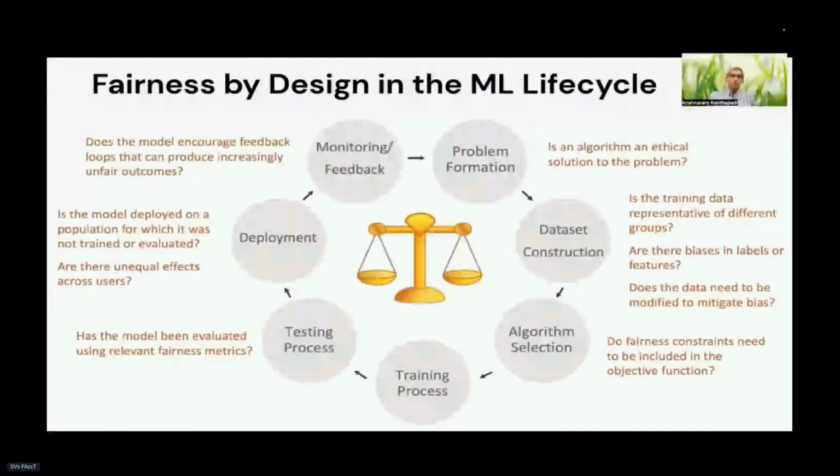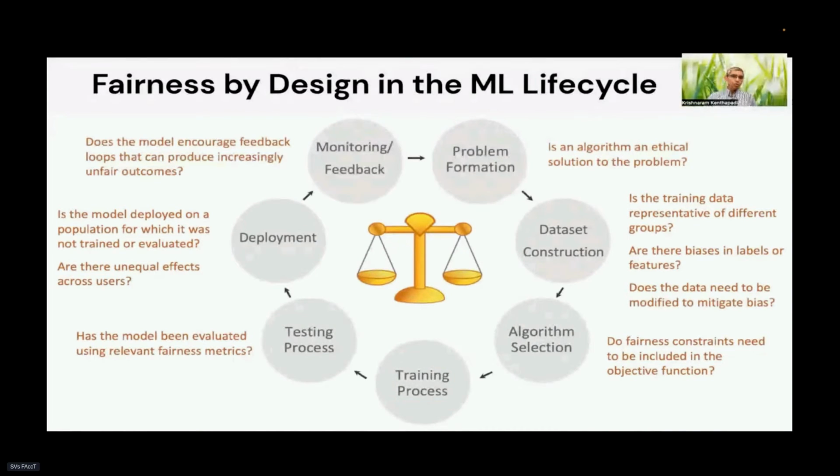Finally, we may want to understand whether the model has any feedback effects which can result in increasingly unfair outcomes. A classic example of this is the Tay chatbot that Microsoft launched around 2014-2015 timeframe. And because of feedback effects, this chatbot started exhibiting biases very quickly.